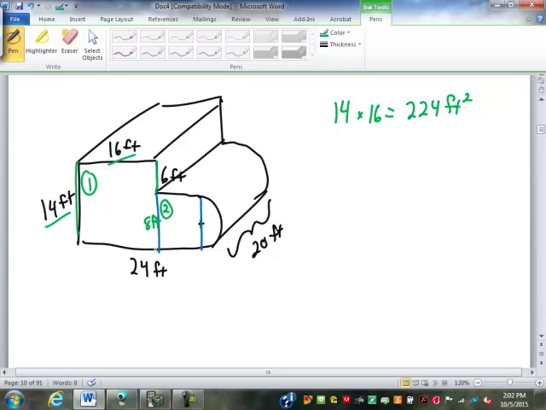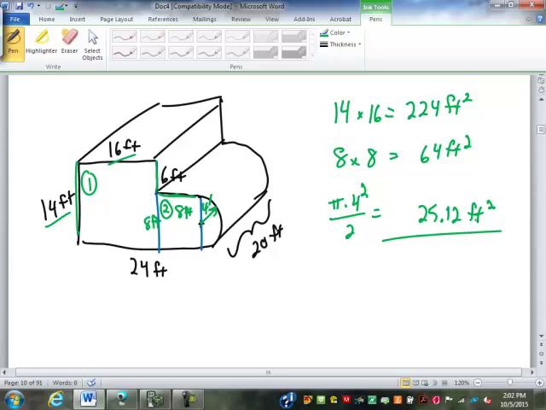Perfect. 14 minus 6, and then 24 minus 16 will make 8 feet there as well. So that's 8 by 8, or 64 square feet. Then, of course, this is 4 feet of radius, half of the 8-foot diameter. So that'd be pi times 4 squared divided by 2, which is going to be, what, 25.12 approximately? So that is what?